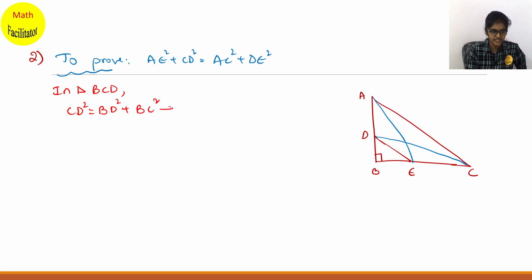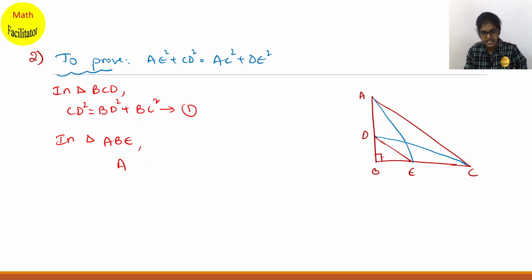Let this be equation 1. Now if you take another triangle, in triangle ABE, this ABE is also a right angle triangle. So AE square is equal to AB square plus BE square.